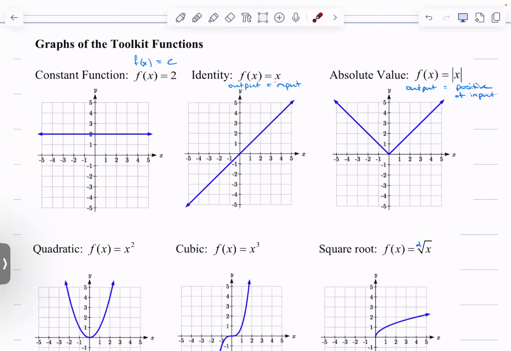But it has this general shape of f of x is equal to x. That's what we're going to keep in mind: these are general shapes for something where the highest power of x is just 1. That'll be more important down here.